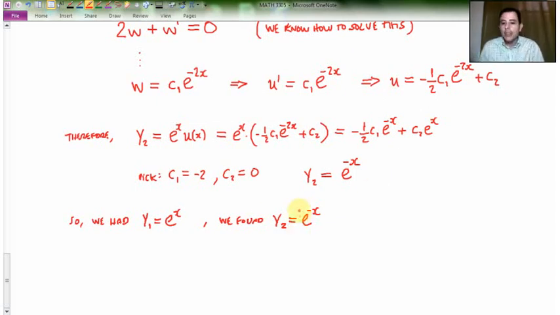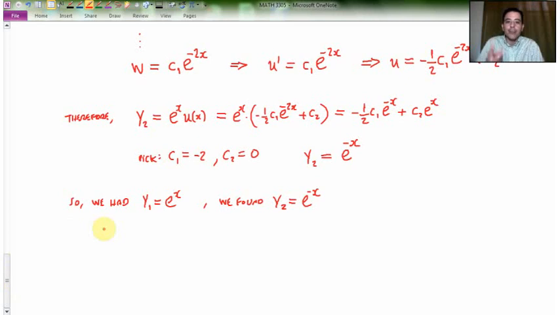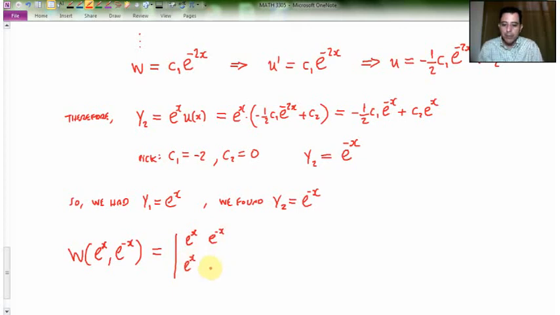Now the question is, is this second one linearly dependent on the first one? Because if it is, then this whole work was useless because it doesn't help. We need two linearly independent solutions. Fortunately, if we do the Wronskian, the determinant has e^x, e^(-x) in the first row, and the derivatives e^x and -e^(-x) in the second.